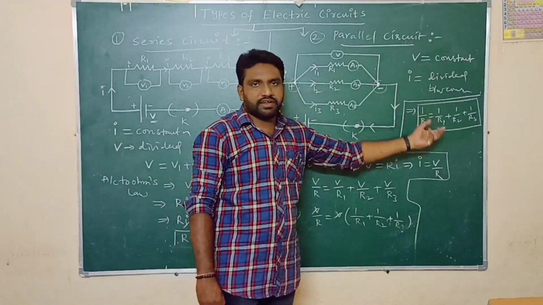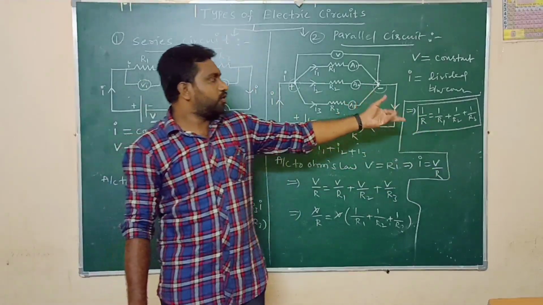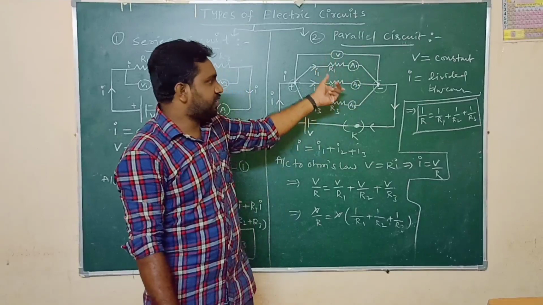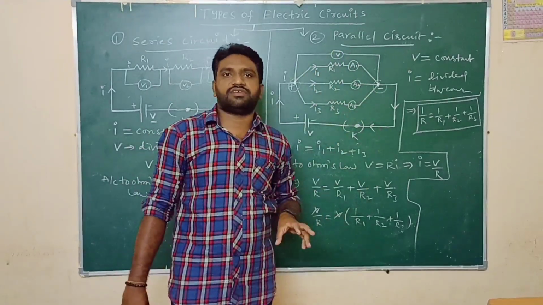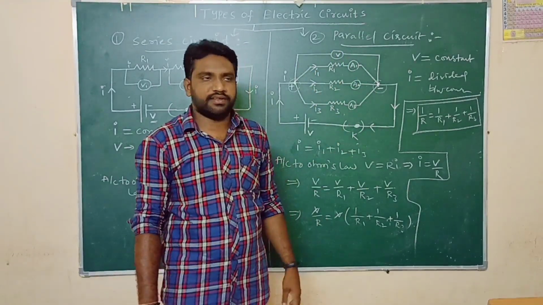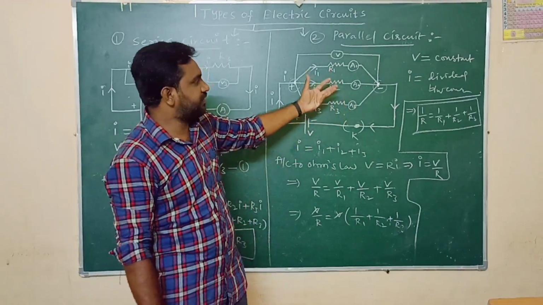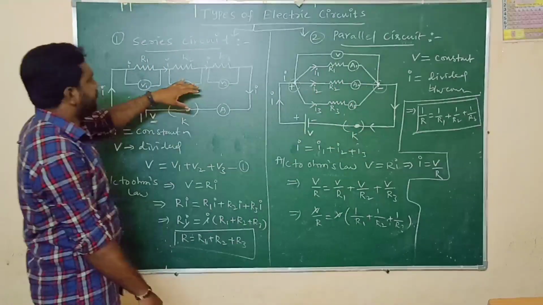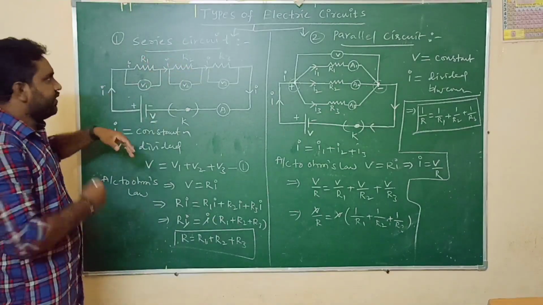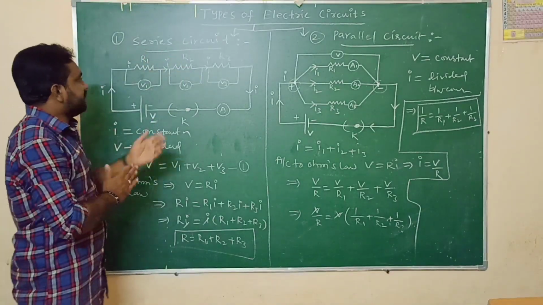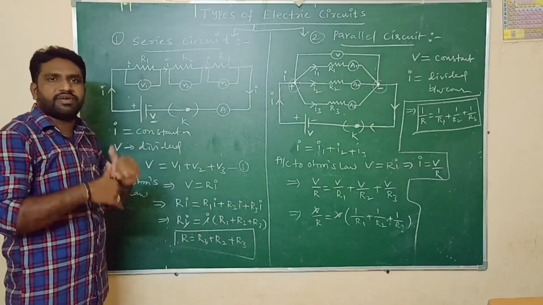What is the meaning of the reciprocal here? If we connect the resistors in parallel, the total resistance of the circuit is going to decrease. In a parallel combination of resistors, the total resistance decreases. In a series circuit, the total resistance increases. Why does the total resistance increase when resistors are connected in series? Very simple.